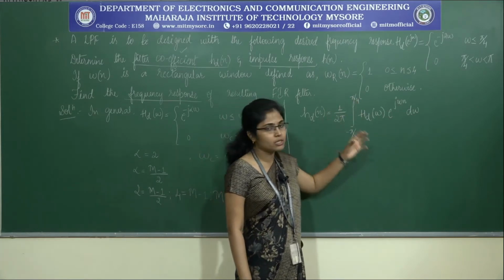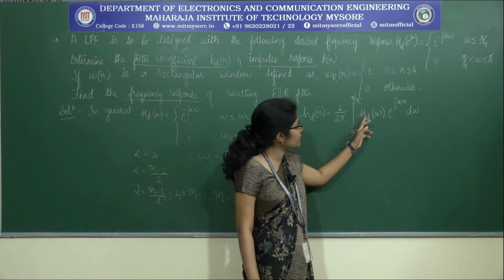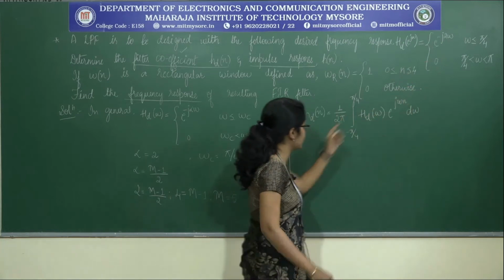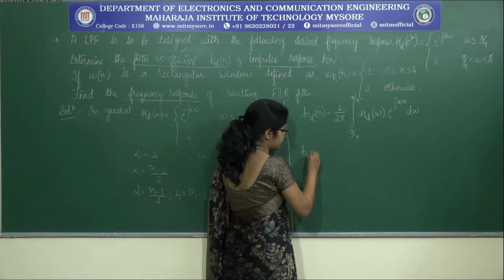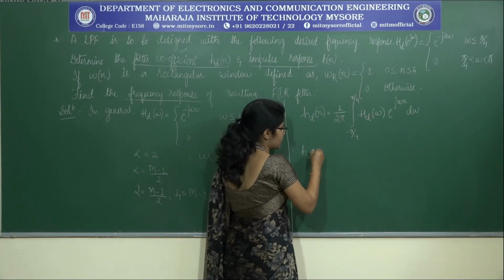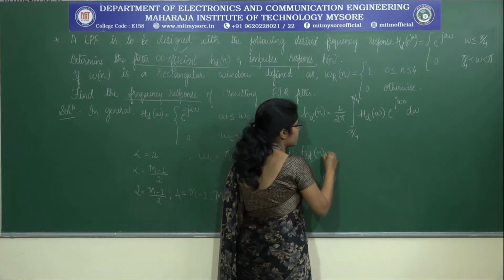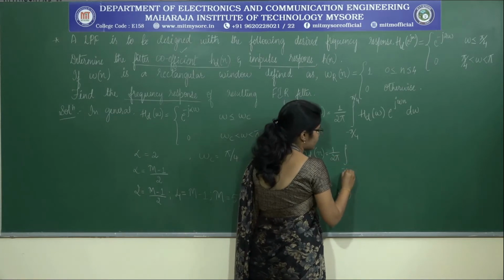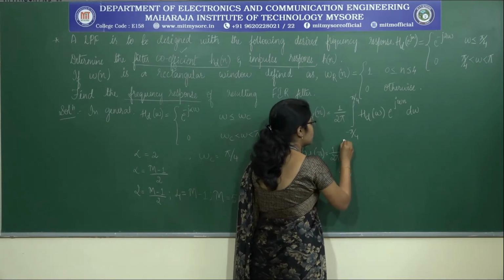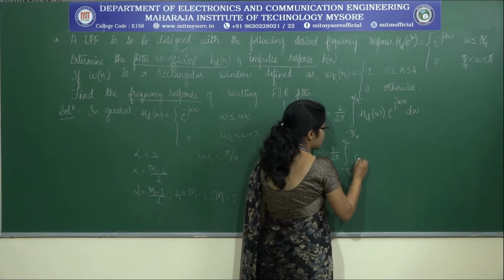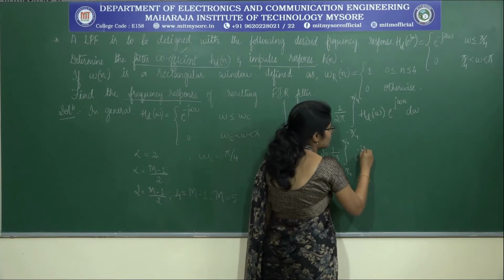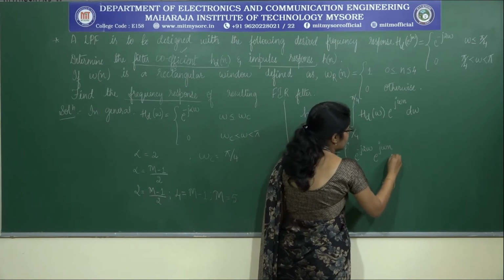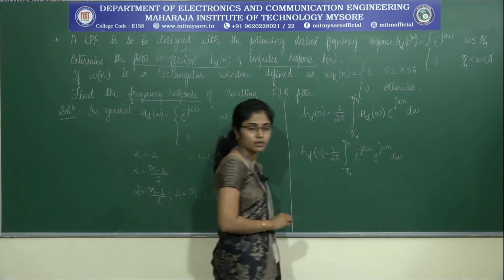Now what they have given is the value of Hd of omega is equal to e power minus j 2 omega. So let us substitute it here. Therefore, Hd of n will be equal to 1 by 2 pi integral from minus pi by 4 to plus pi by 4 of e power minus j 2 omega into e power j omega n into d omega, correct.